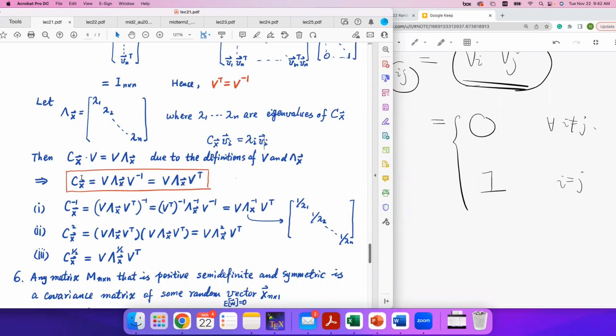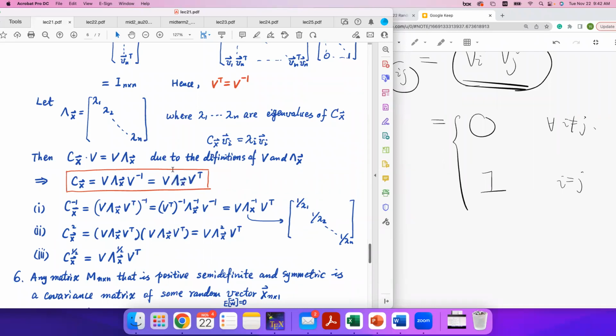We can see that, up to such an orthogonal transformation, this matrix equals a diagonal matrix. We know a diagonal matrix is the simplest kind of matrix that we can have. And this shows that any symmetric and positive semi-definite matrix can be linked to such a diagonal matrix up to this orthogonal transformation.